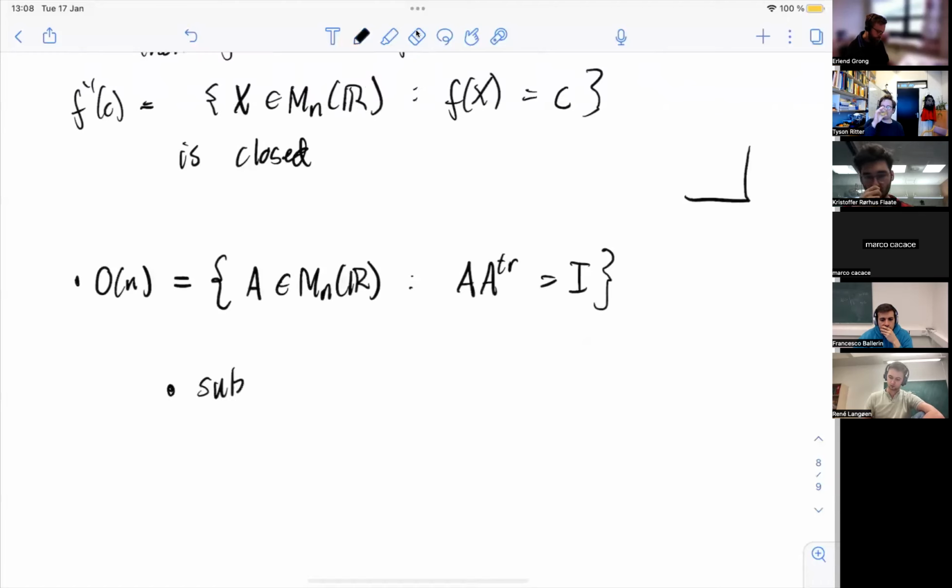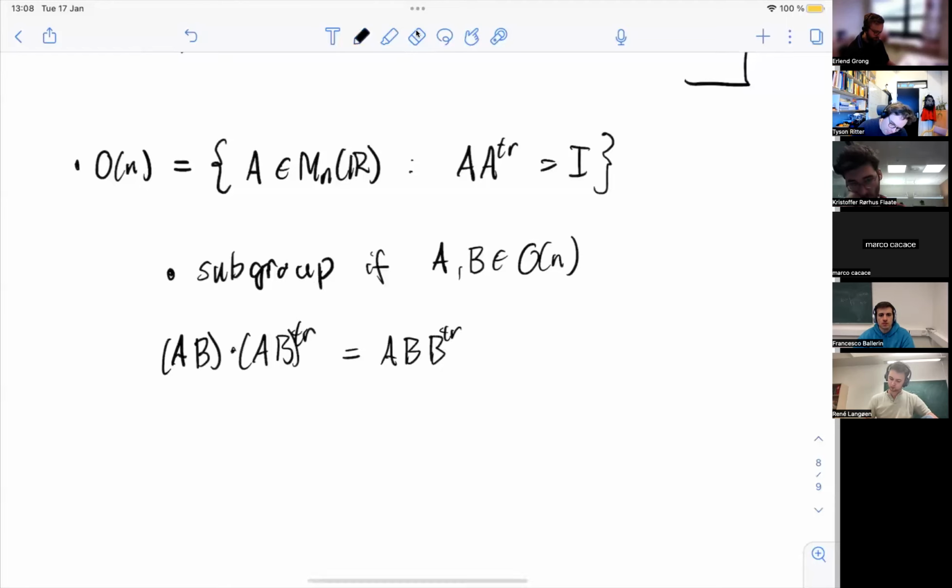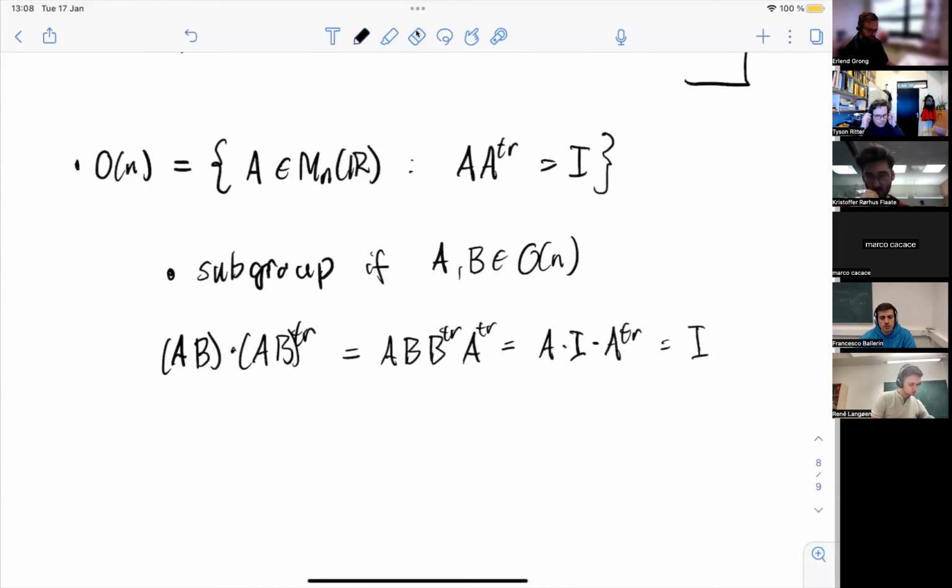So this is a subgroup. Let's check that. If A and B are orthogonal matrices, then AB times (AB) transposed, well, when we transpose we change the order, so that's A B B transposed A transposed, which is A times the identity matrix times A transposed, which is again the identity matrix.